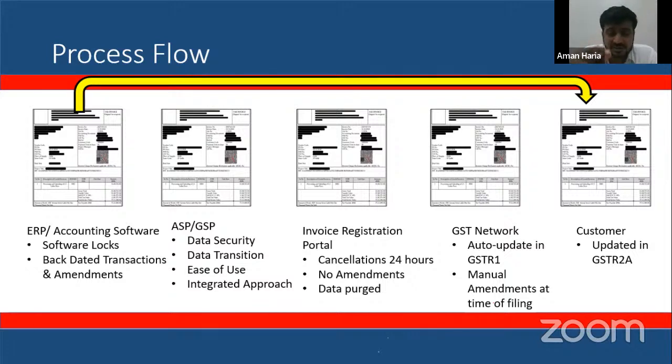But when these details are being pushed to the e-invoice portal, what the government is also doing is that it is simultaneously sending these details to customer's GSTR 2A. It is also sending this invoice related details on your GST portal in your GSTR 1, and it also pushes these details on the e-way bill portal.